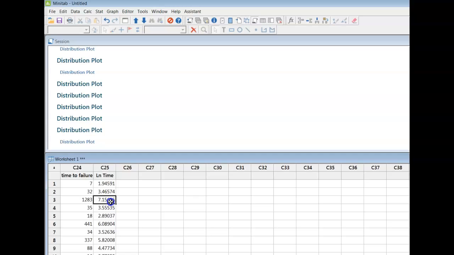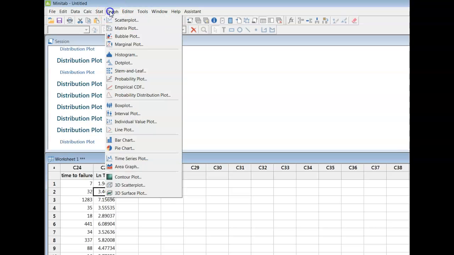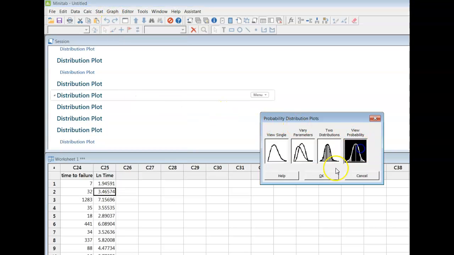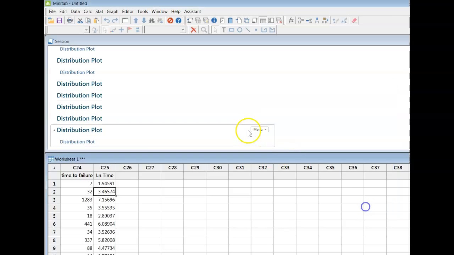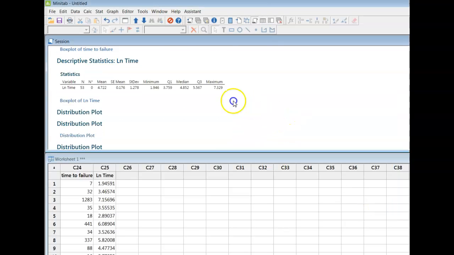All right, let's assume then that we had checked. We figured out by logging the data it makes them more normal, and we get our answer using these data instead, which actually is the more correct way. So if I go back to my probability distribution plot, I need to find the natural log of the data, and I need the mean and the standard deviation.